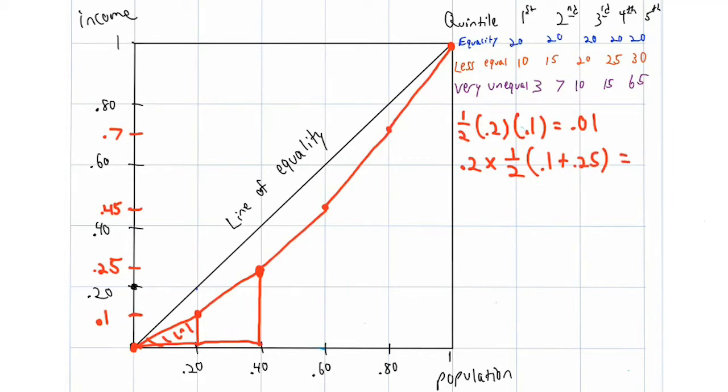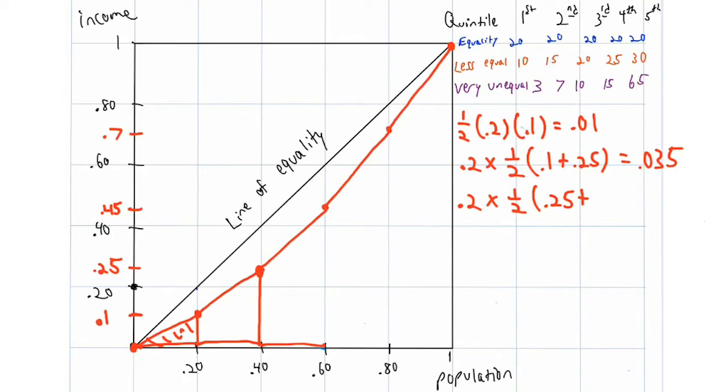When you work that out, you get 0.035. The next quintile, the width is 0.2, right? 0.6 minus 0.4, it's a quintile. That means 20%, times the average height here is 0.25. Whatever the last number was here is going to be the first number here. So that's one way that you can work through the calculations a bit quicker.